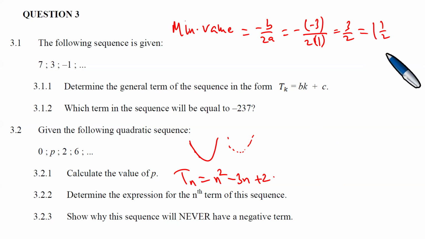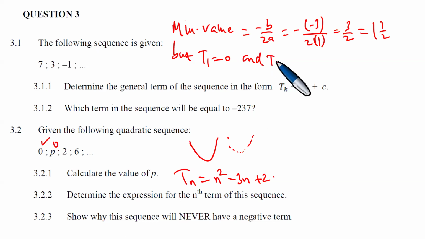Right. So now, the first term is 0 here, but also we know that p is 0. And the second term is also 0. So we have the first term is 0, the second term is also 0.